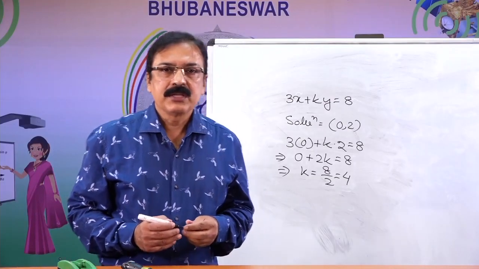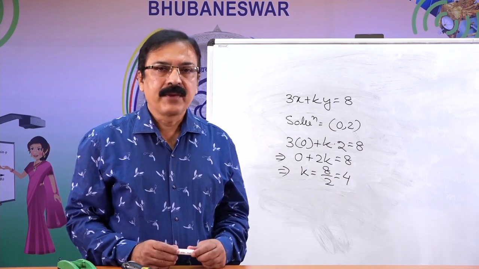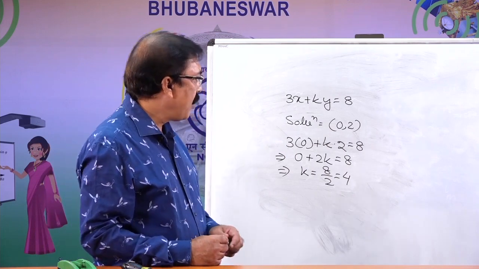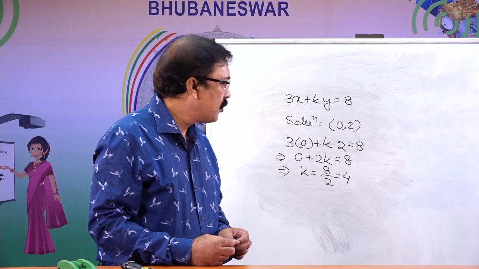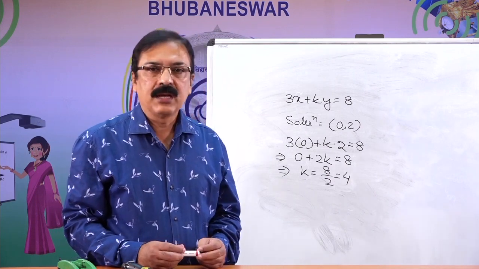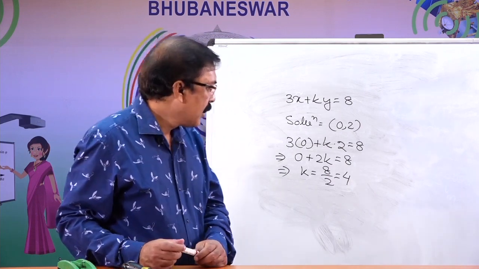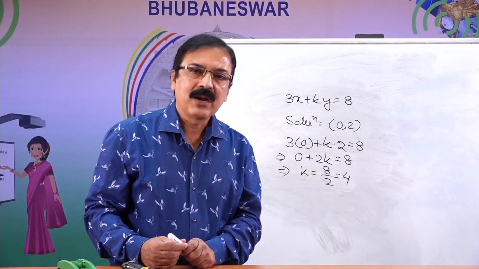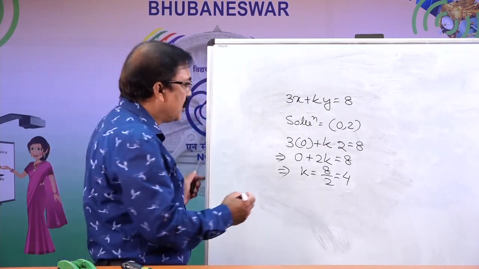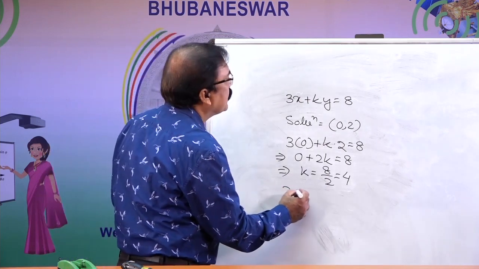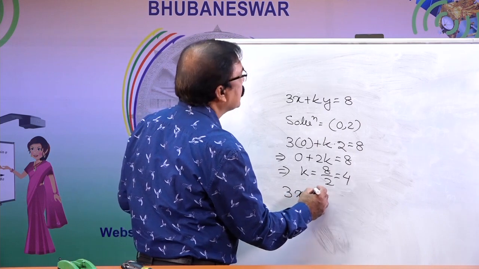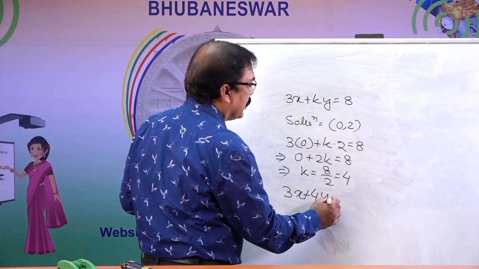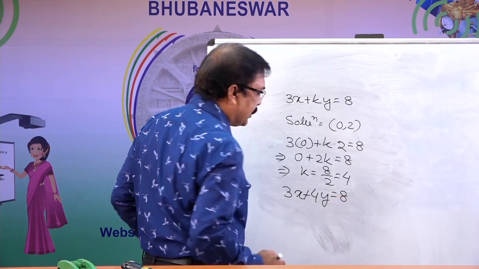So this is the value of k for the solution 0, 2 to this equation. The value of k is 4. So what will be the equation? The equation is 3x plus 4y is equal to 8.